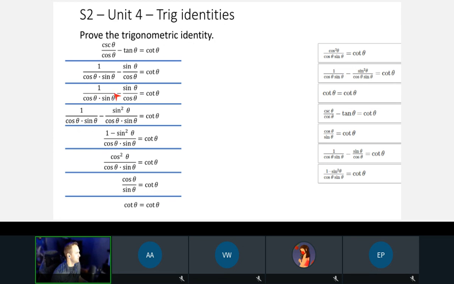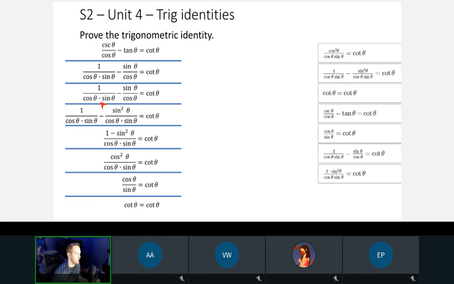All right. So going from this step to this step, I am missing a sine. Going from this step to this step is not as clear, and you would really have to look at this word bank. When you have a fraction, in order to add or subtract them, you have to have the same denominator.